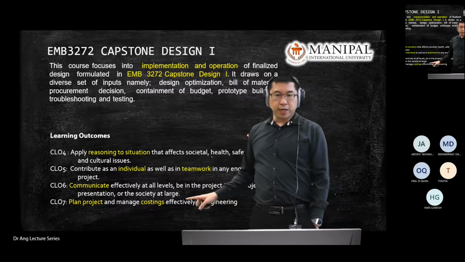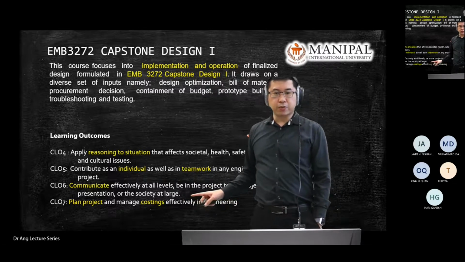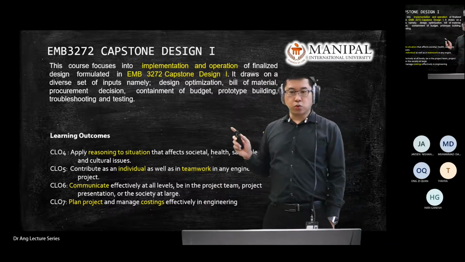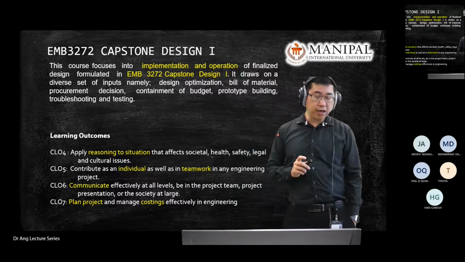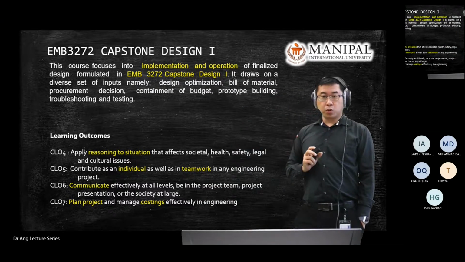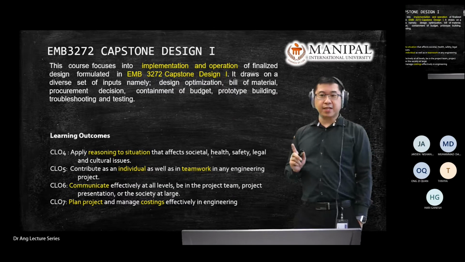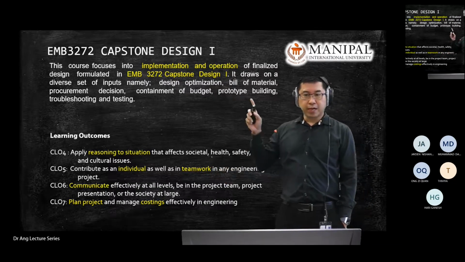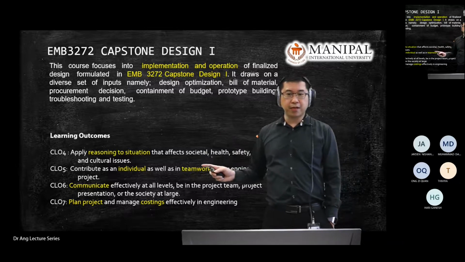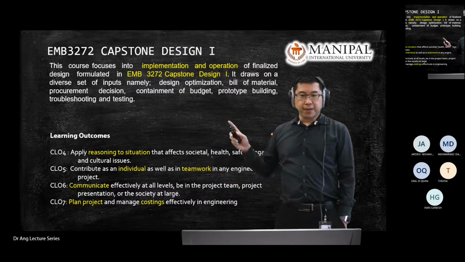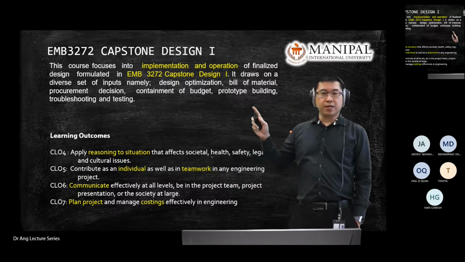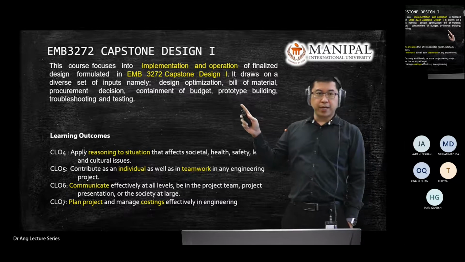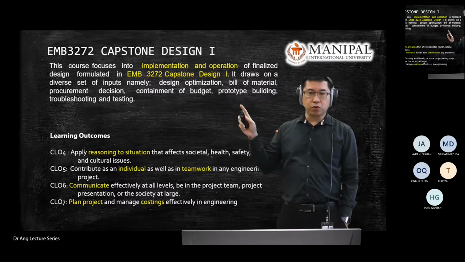Make sure you communicate well in this Capstone 2, because why? When you build a prototype later on, you need to use different tools and facilities. Make sure you communicate with all the parties that are involved. Okay, if you are in a group work, make sure your teammate knows what you're doing. All right, and if you need to use the big machine in the school, make sure you make an appointment before you come to school.